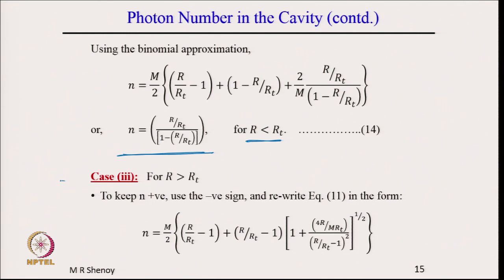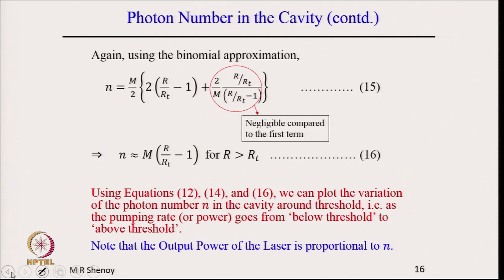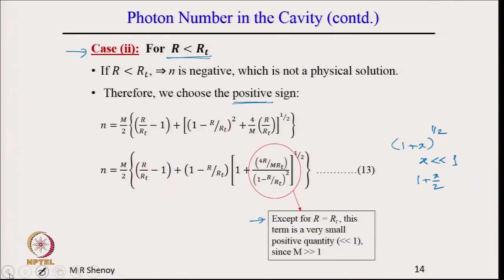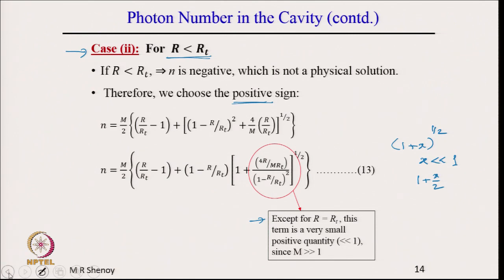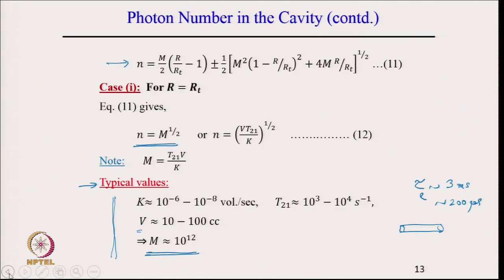Now we will see case 3, for r greater than RT. As before, to keep n positive, we must now use the negative sign in that solution and rewrite equation 11. Please see equation 11 again.